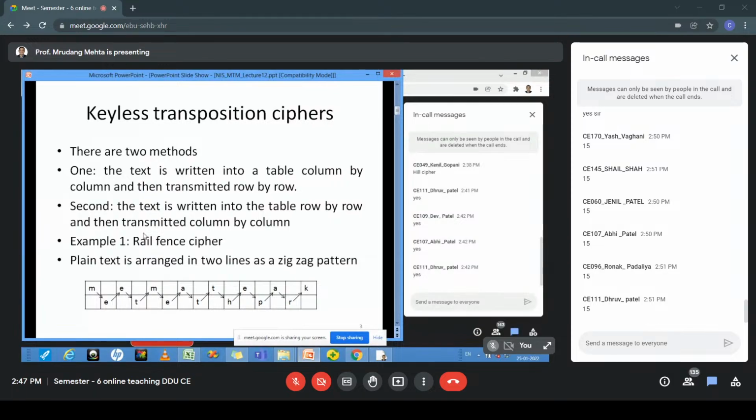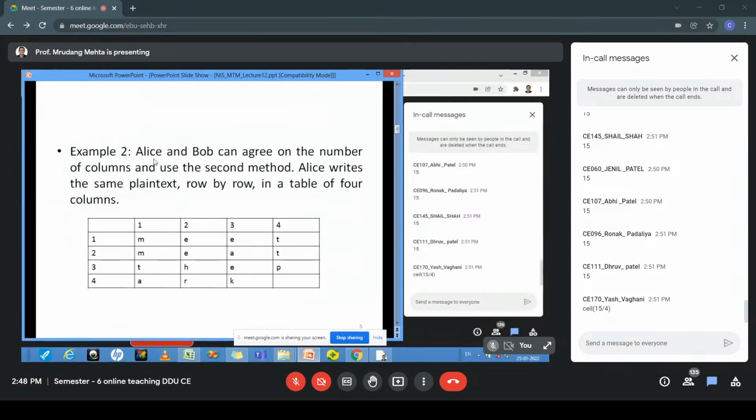So if you want to calculate the number of rows, what can you do? Calculate the number of rows if the number of columns is known.